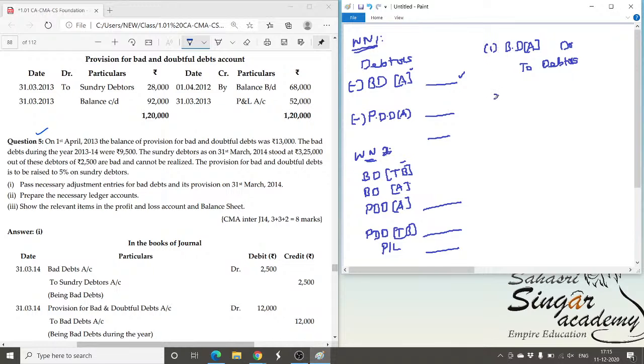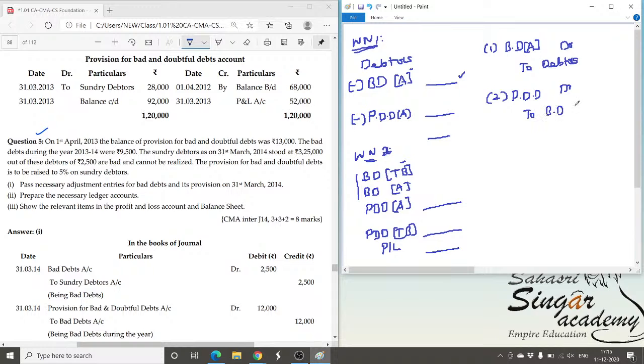Second journal entry, we have to adjust all these bad debts in the P&L account. For that, the bad debt should be adjusted in the PDD. The journal entry will be provision for doubtful debts account debit to bad debt. That's how we can adjust.